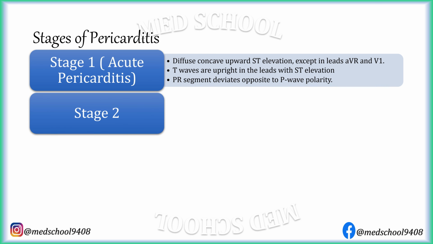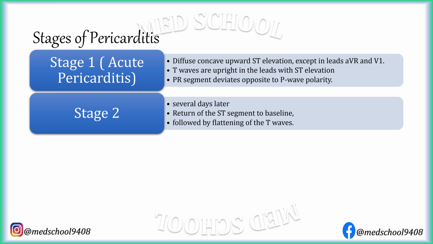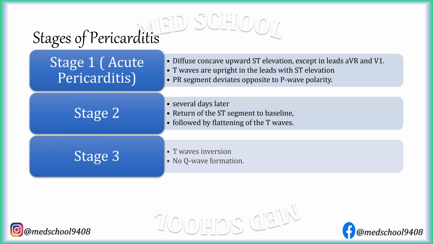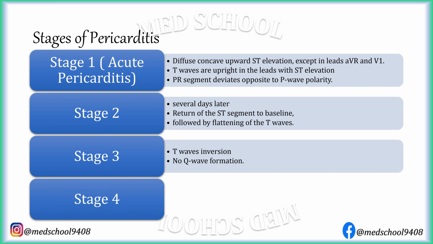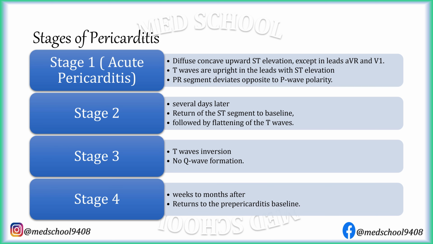Stage 2 occurs several days later. It is characterized by return of ST segment to baseline, followed by flattening of T wave. Stage 3 is characterized by T wave inversion without Q wave formation. Stage 4 occurs weeks to months later. It is characterized by return of pre-pericarditis baseline features.